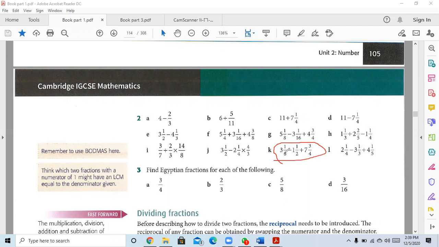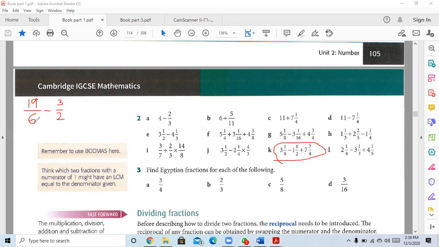Like you convert this: 3 multiplied by 6, 18, 18 plus 1, 19, 19 by 6. So I write here 19 divided by 6. Okay, here is the minus sign, minus 2 multiplied by 1, 2 plus 1, 3. Here I write 3 by 2.